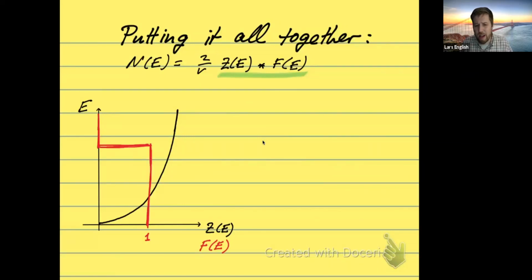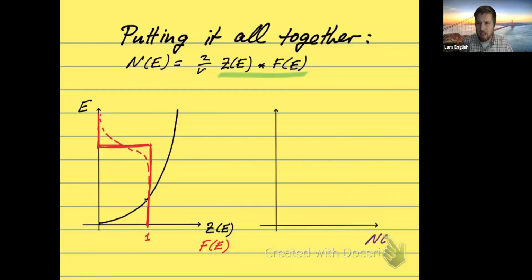And we also saw that f of E is basically 1 all the way up to the Fermi energy, and then it drops to 0. So can we, in our mind's eye, multiply these two curves together? Before we do that, I'll point out that this is for a very low temperature, temperature equal to 0. At any higher temperature, we get a smoother transition, and so we get the dashed line.